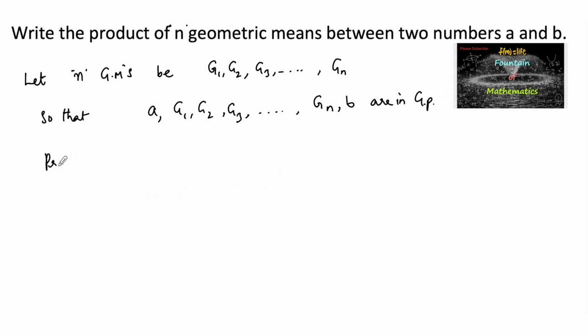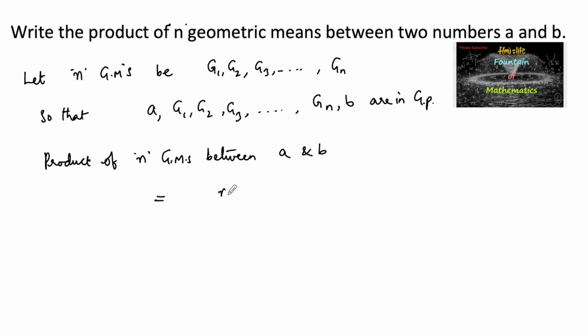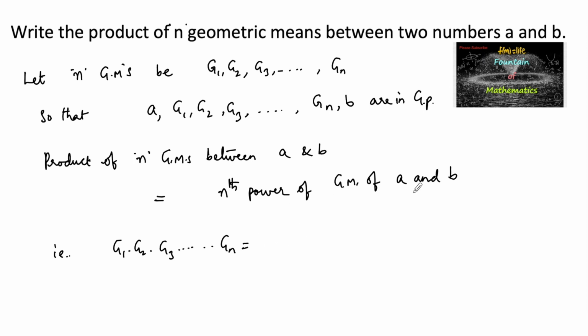and we know that the product of n geometric means between A and B is given by the nth power of the geometric mean of the two numbers A and B, that is G1 into G2 into G3 and so on Gn is equal to the geometric mean of A and B, which is root of AB, whole to the power n, or we can write AB whole to the power 1 by 2 whole to the power n, that is AB whole to the power of n by 2.